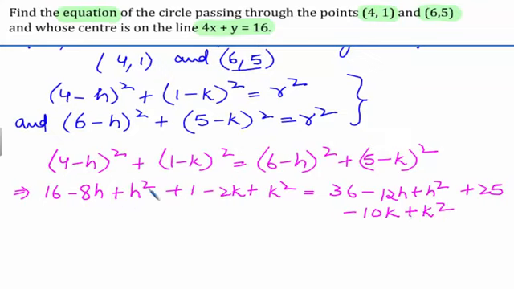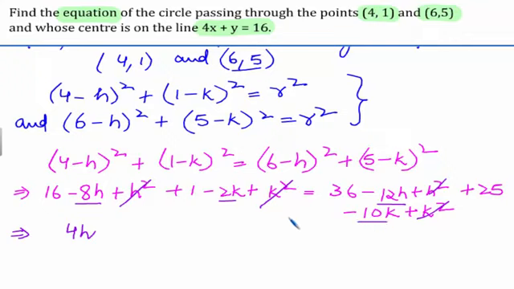Now h square from both the sides cancels out. Similarly, k square from both the sides cancels out. Now taking the rest of the terms on the same side: bringing minus 12h to the left hand side gives plus 12h, and 12h minus 8h is 4h. Now we have minus 2k here, and on the right hand side we have minus 10k.